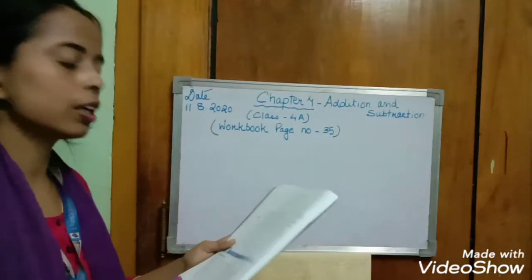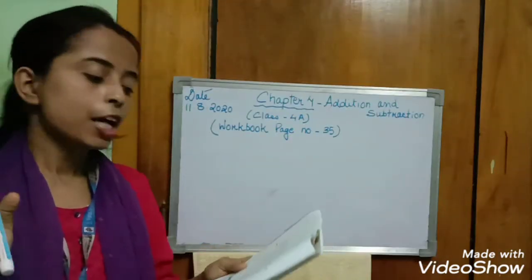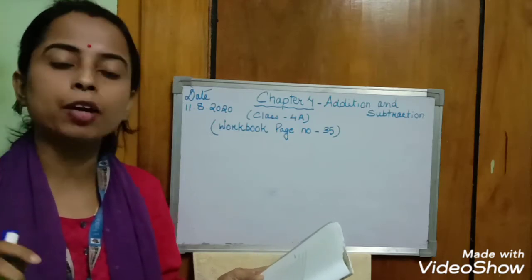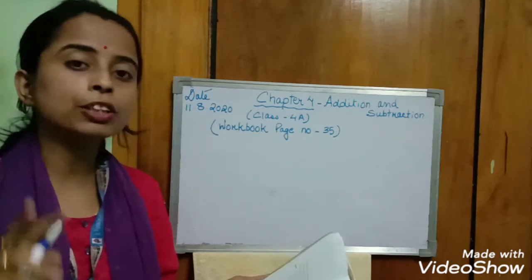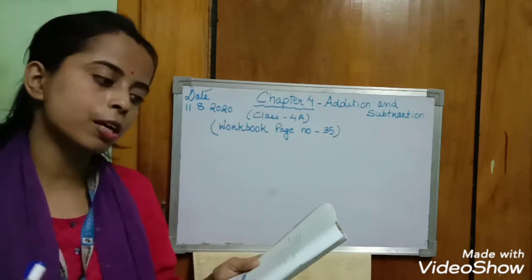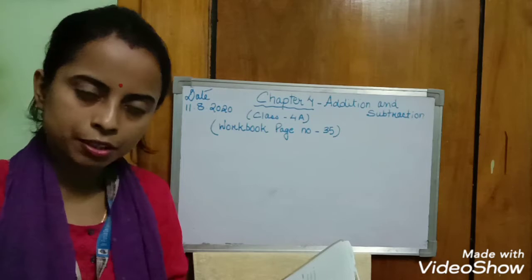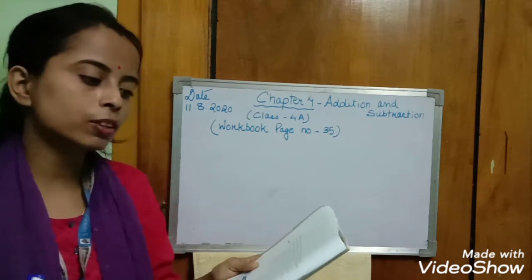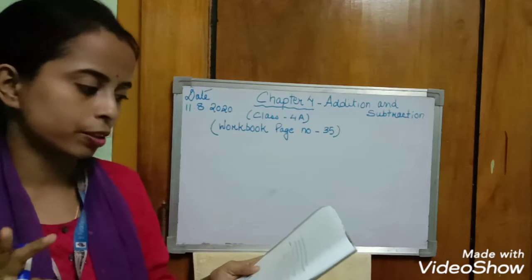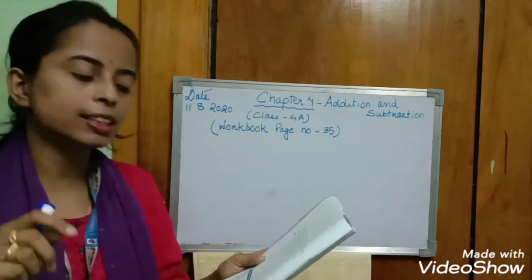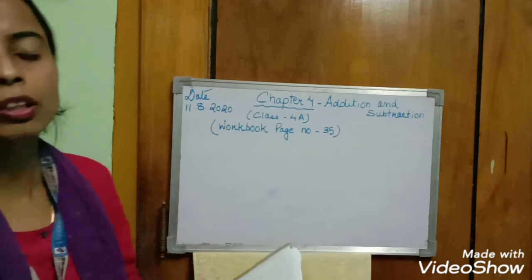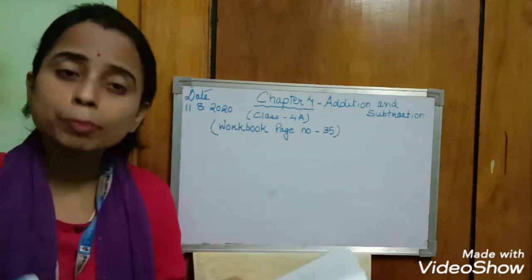Now, question number 20. The odometer, an instrument showing the distance travelled by a wheeled vehicle, of a two-wheeler, showed 35,689 km in November 2016. Right? In February 2016, it showed 16,354 km. What was the distance covered from February to November? What is given in the question? The odometer. Odometer is what?